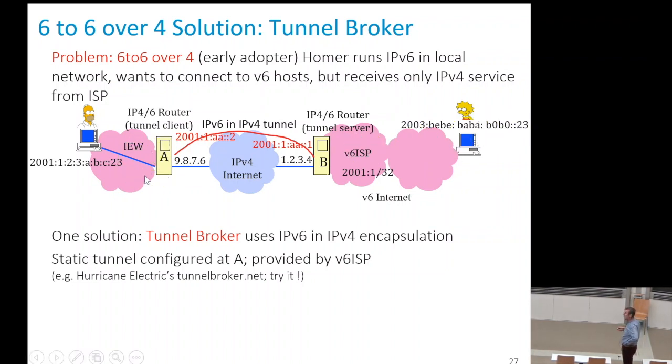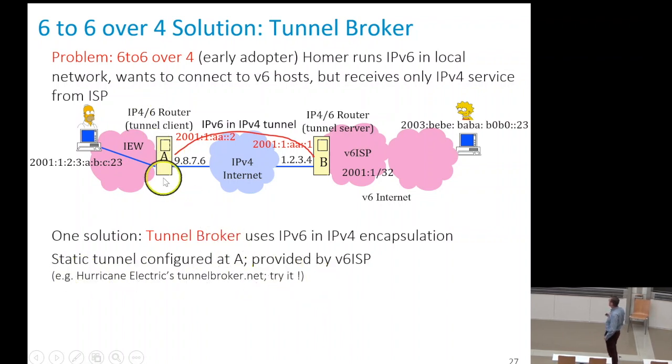That's your problem at home if you want to do some exercises with IPv6 and you have only IPv4 from your provider as well. There is one easy solution, widespread solution, which is called tunnel broker. A tunnel broker is a company, an internet service provider, we use, for example, Hurricane Electric in the Internet Engineering Workshop. You can try it.